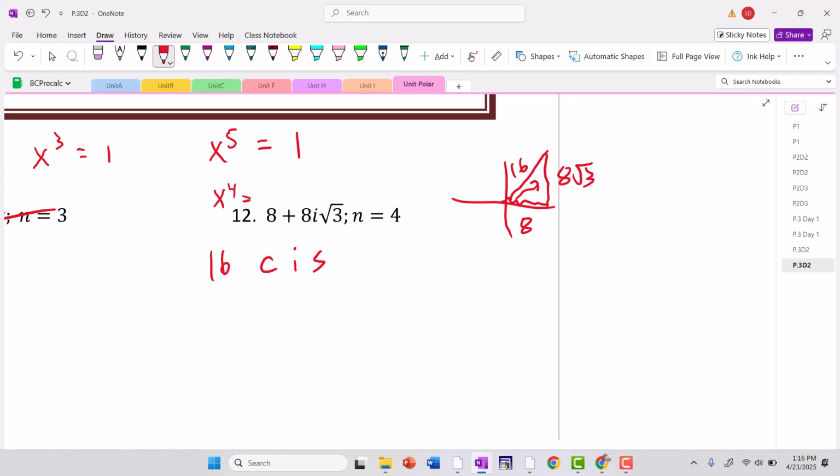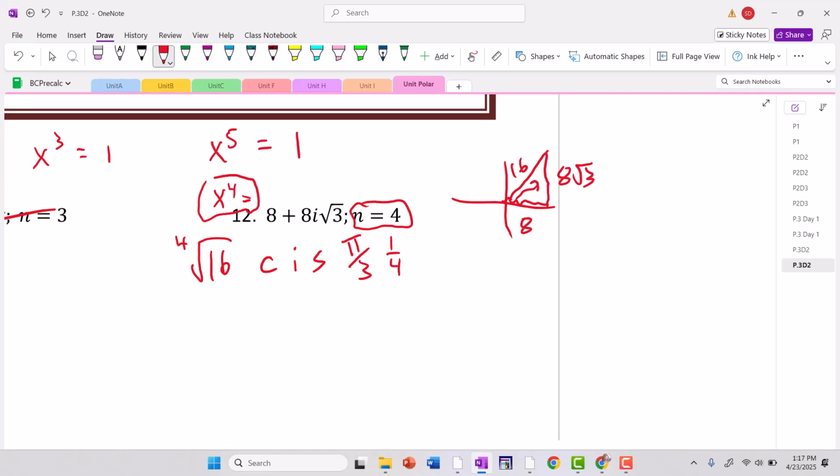That's a 60, which is pi over 3. But now what we're really doing is 4th rooting this. So try to keep that in mind. This is exactly like solving x to the 4th equals something. You would 4th root this and 1/4 this angle measure, but there are 4 answers.